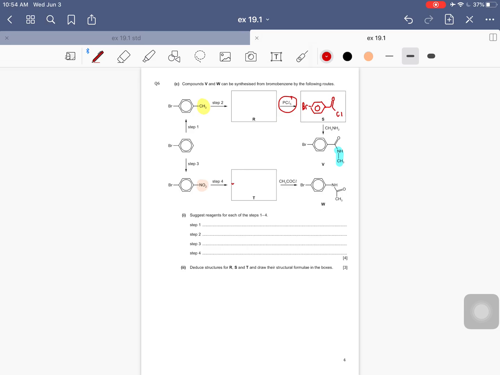Step 4 is when we reduce the nitro group to an NH2 group. So for step 4, you need tin plus concentrated HCl and heat.